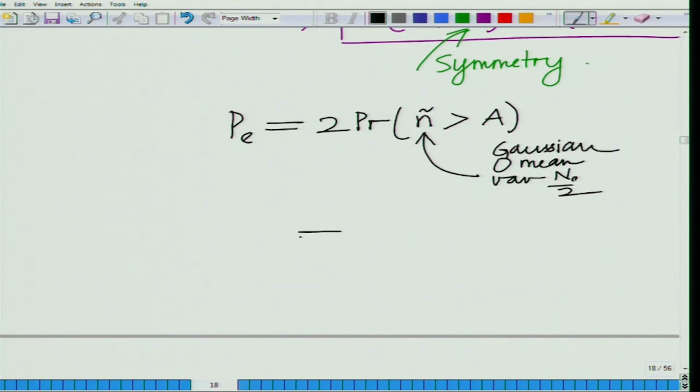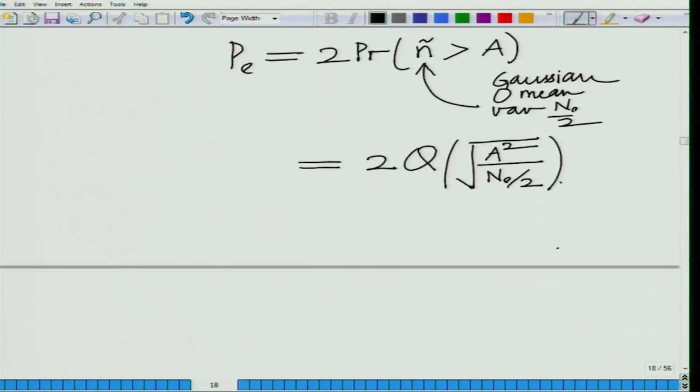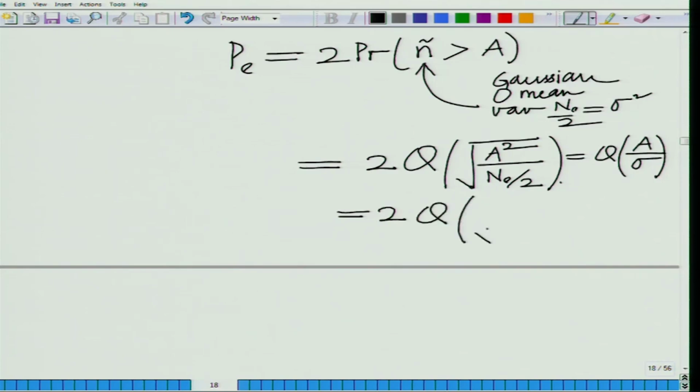And now, from BPSK, we know that the probability that n tilde is greater than a is Q of square root of a square divided by N naught by 2. This is Q of a divided by sigma, where the variance N naught by 2 equals sigma square. So, this is twice Q of square root of a square divided by N naught.